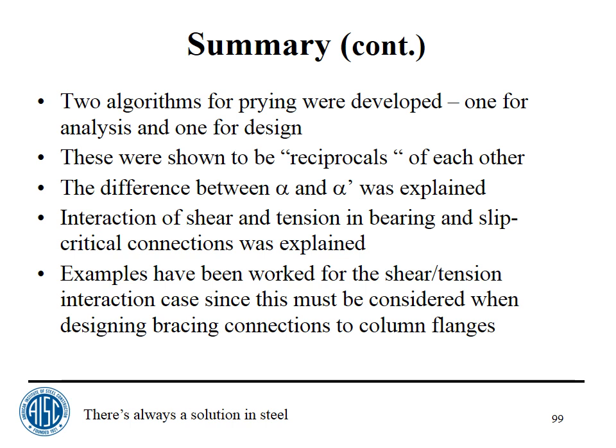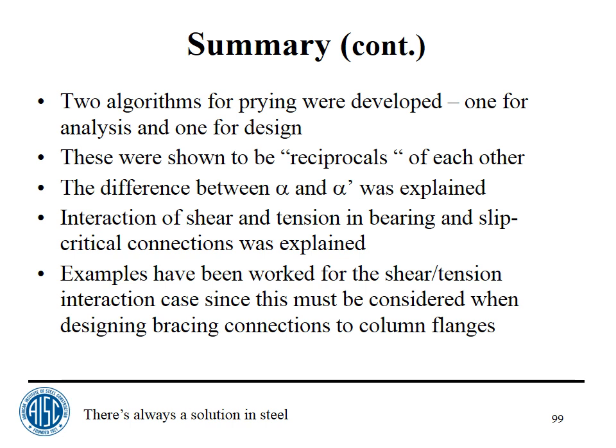If you take that as a required strength and work backwards, you'll get exactly the required thickness of fitting that you started with. The difference between alpha and alpha prime was explained, and I don't know how many times this has come up in questions to the Solution Center and to me personally. I think that if you understand what I've said here about the two of them, you should be absolutely clear on the difference.